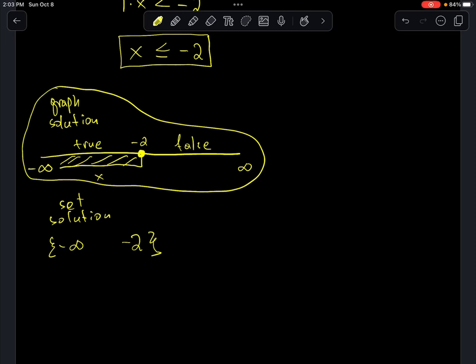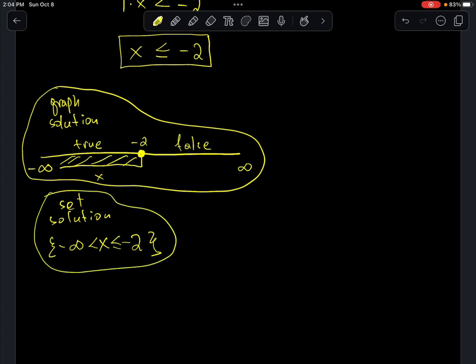In particular, they are less than or equal to negative 2. That I can see also from the inequality that I found. And they are greater than negative infinity, because you can never have equal to infinity. And this is the set solution.